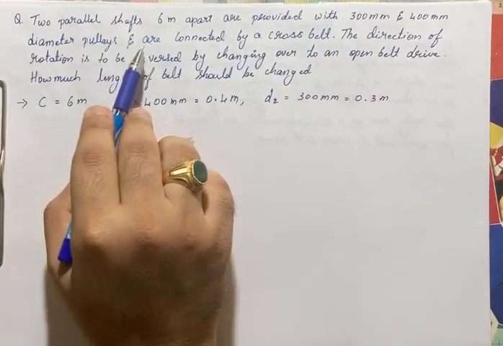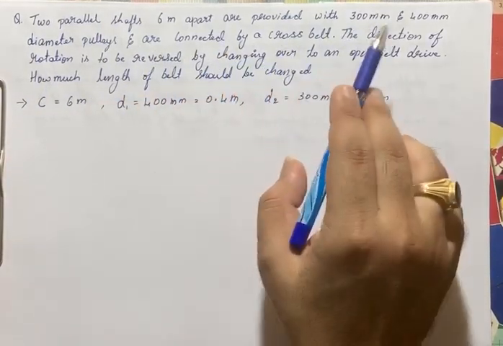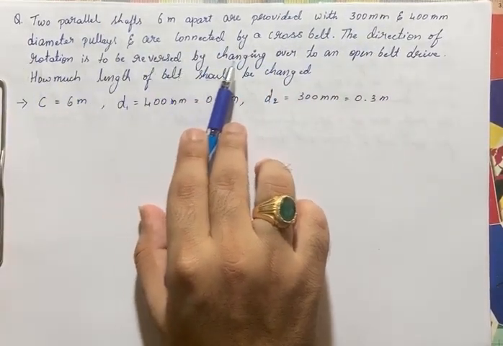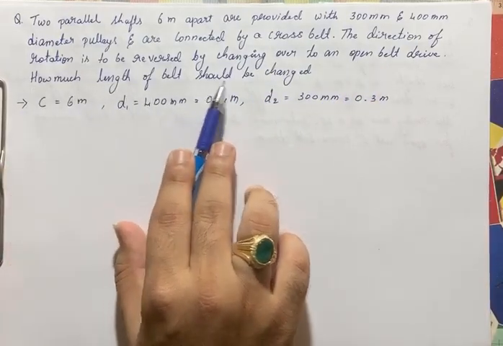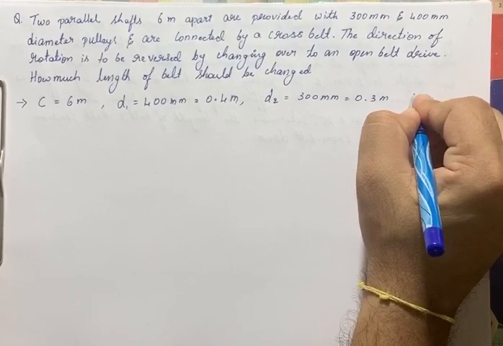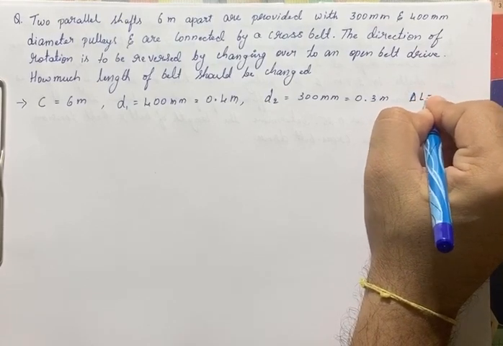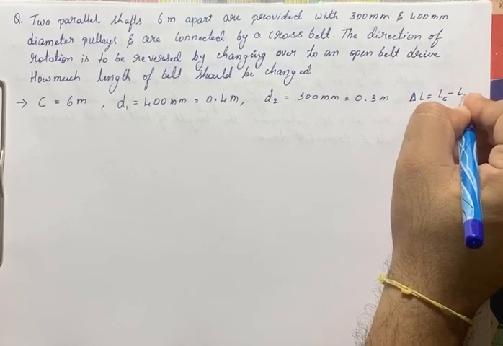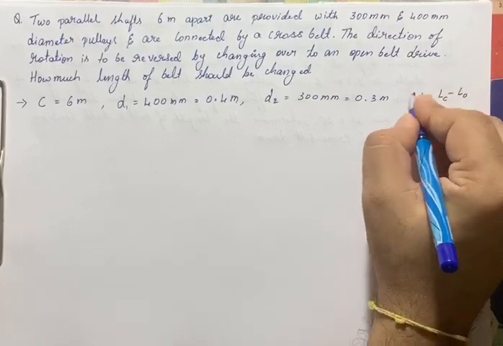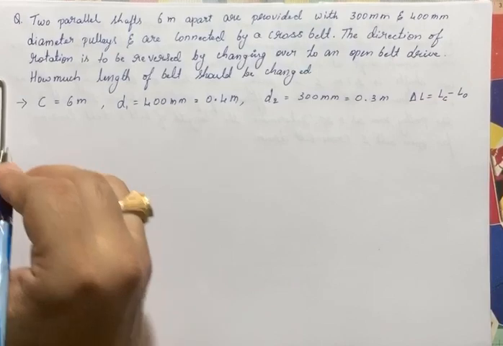They are connected by the cross belt. The direction of rotation is to be reversed by changing over to the open belt. Now, how much length of belt should be changed? That means he has asked us to find delta L, that is the length of cross belt drive minus the length of open belt drive. That is the change in length we are supposed to find.